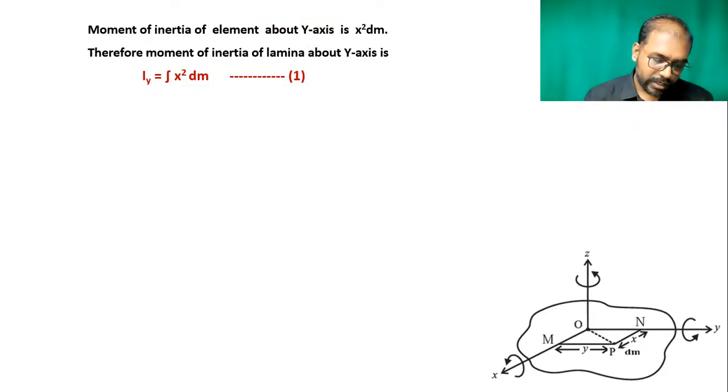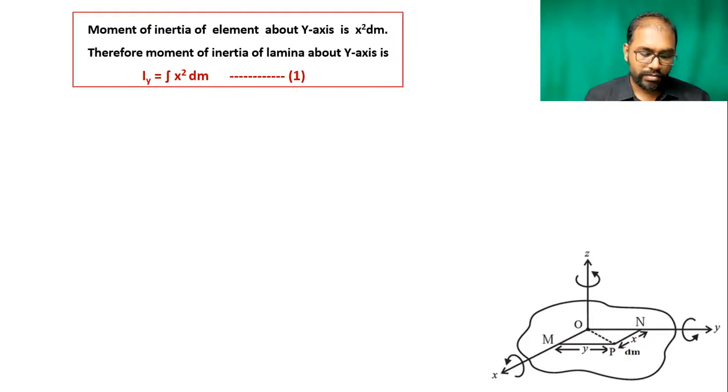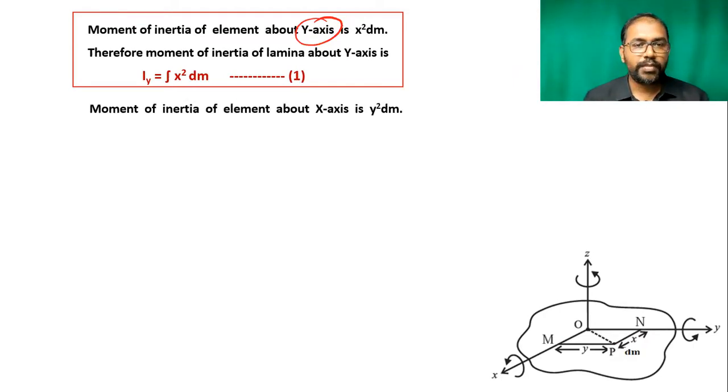In a similar manner, the same wording that we have written here, in a similar way we have to write for the x-axis and z-axis also. The y-axis is over. Now you can see the moment of inertia of the element, again the same word element, about the x-axis. So you can see the x-axis and P distance is y.